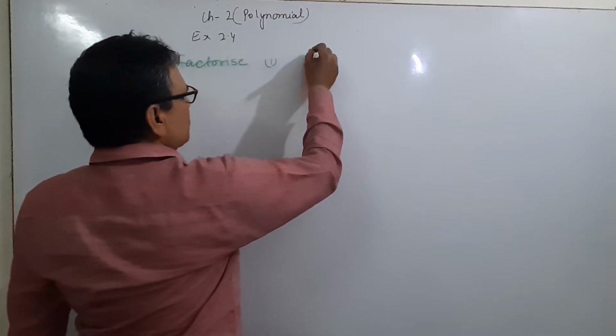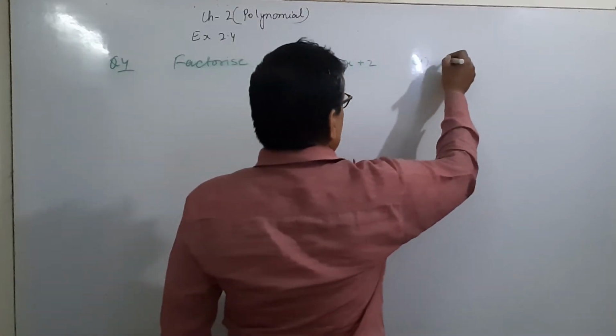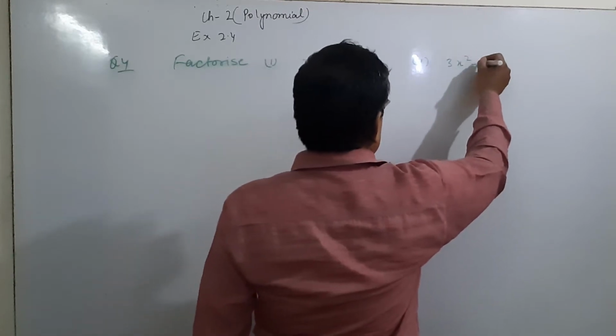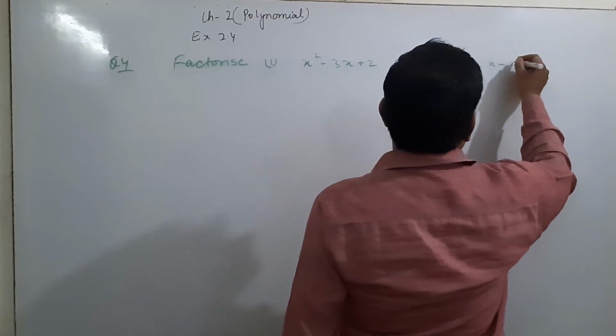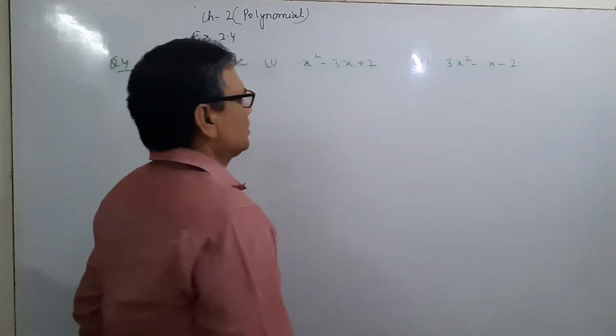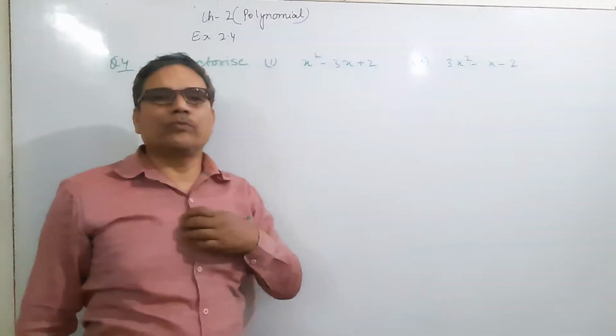First, x square minus 3x plus 2, and second is 3x square minus x minus 2, and factorize. Here is the quadratic polynomial.